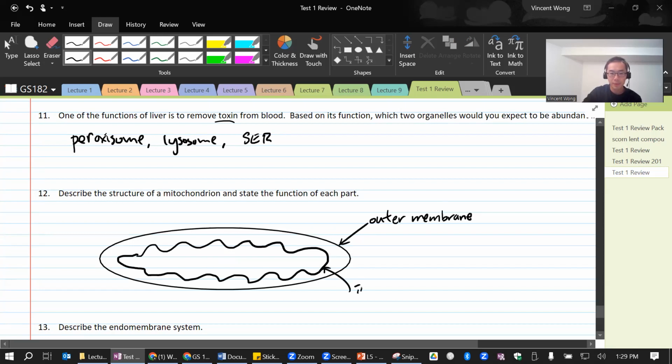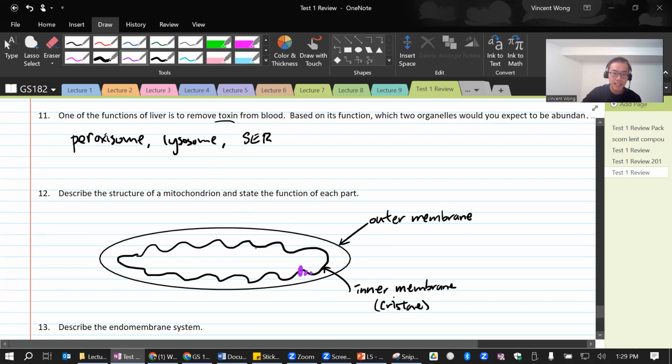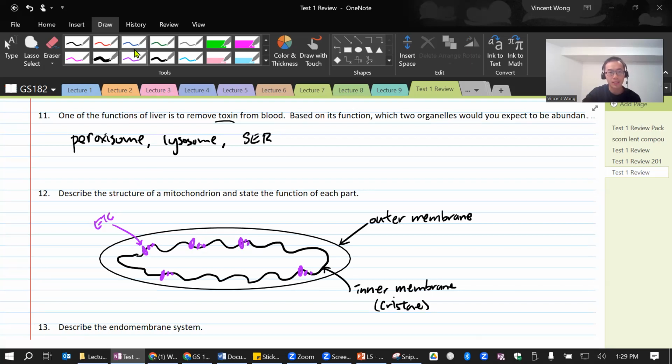This is the inner membrane, which forms the cristae, and that is where you will find the ETC. The more foldings you have, the more surface area, the more ETC you can pack into it.